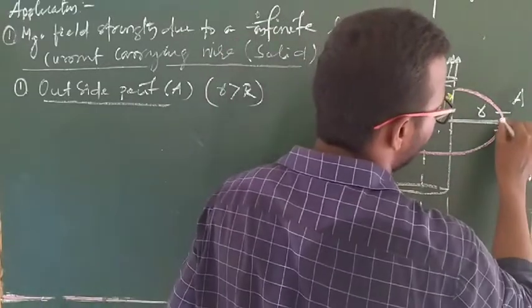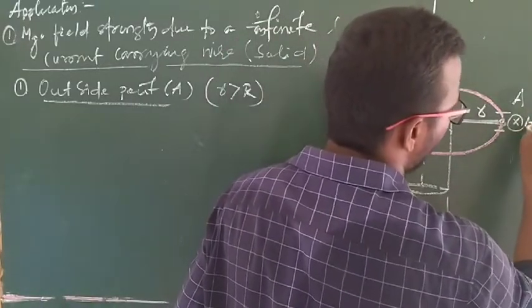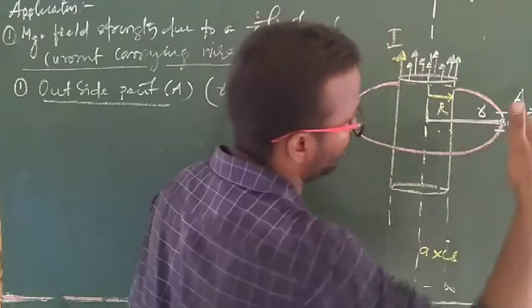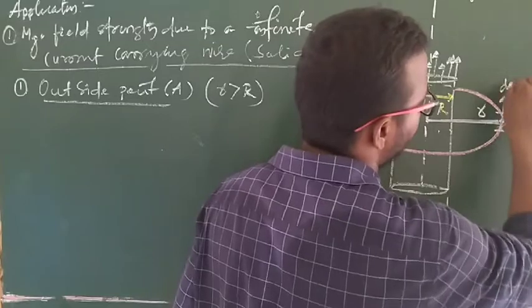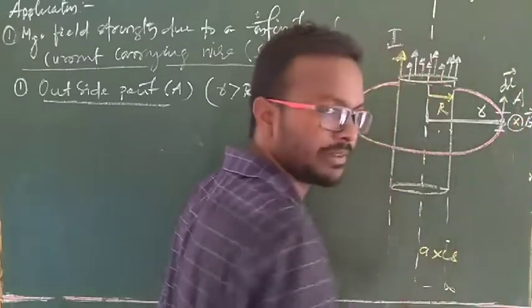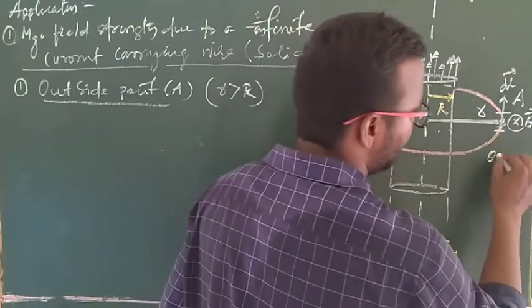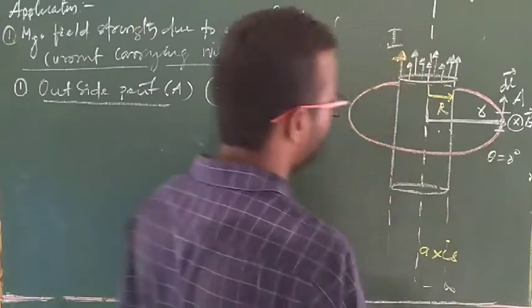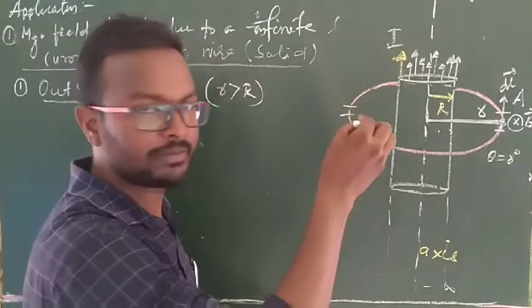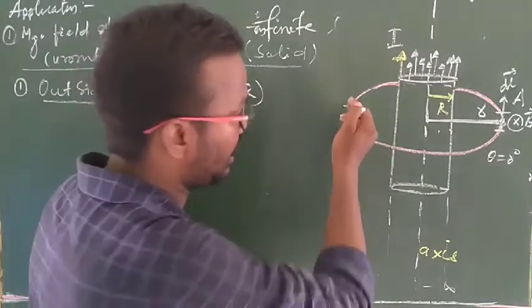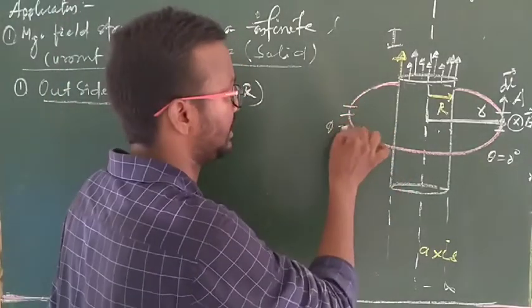So the magnetic field at this point is in the inward direction, and the length element dl we choose is also inward, and here theta equals 0 degrees. If we choose another point here, the magnetic field is in the outward direction and the dl element is also outward, and here also theta equals 0 degrees.